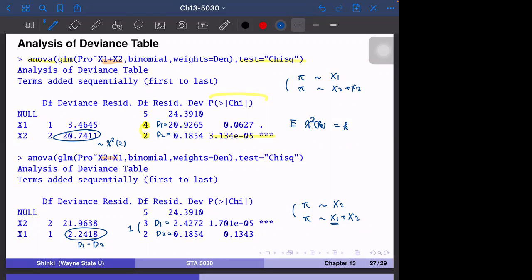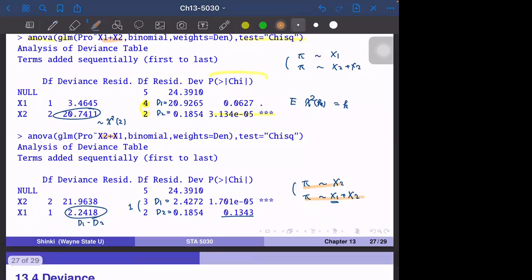The expectation of chi-square 1 is 1. So 2.24 is certainly larger than that, but not much larger. And the p-value is actually 0.13423. So it's not significantly better. So pi on X1 plus X2 is not significantly better than pi on X2. So if we have information of X2, X1 does not matter. That is the result here.